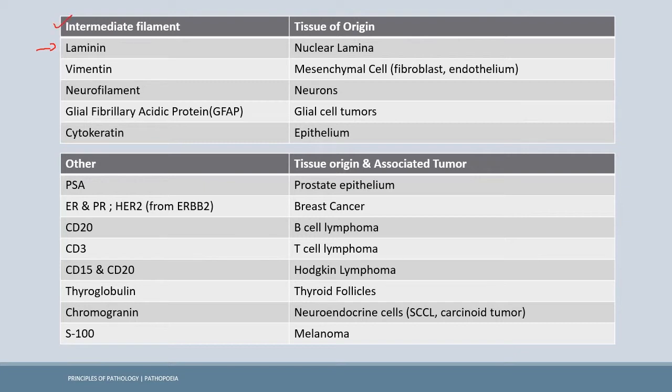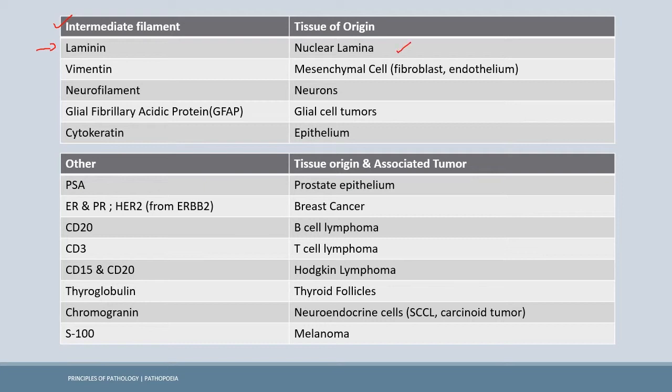However, I'll try my best to make it as painless as possible for you. So if the cells are laminin positive, let's say we put a stain that marks for laminin, and there is a change in color, and we see that the cells are laminin positive. Now what do we conclude? The cells are from the nuclear lamina.